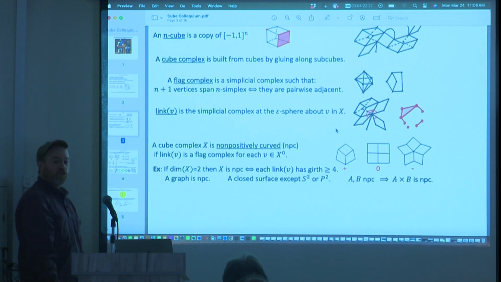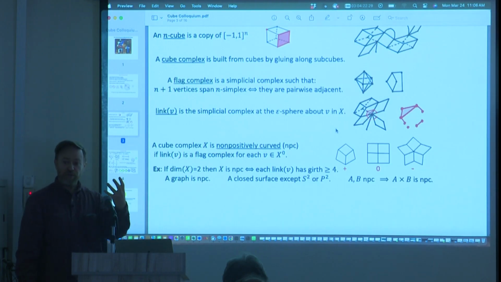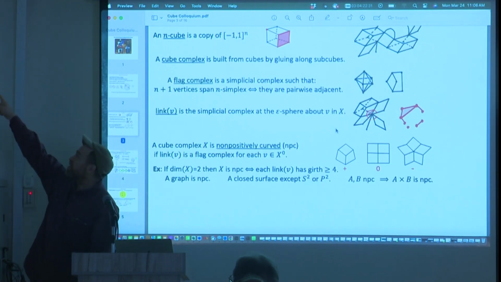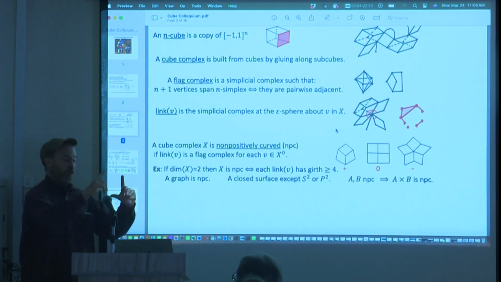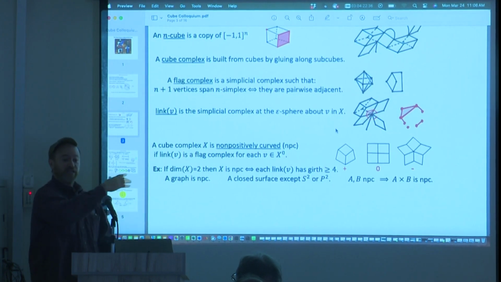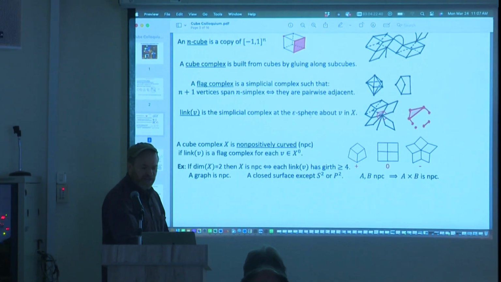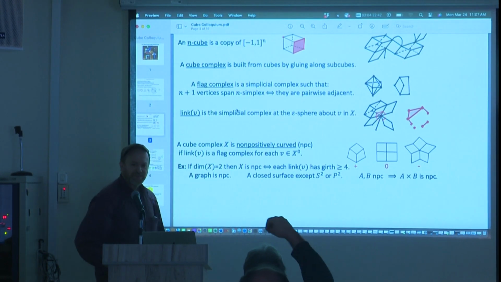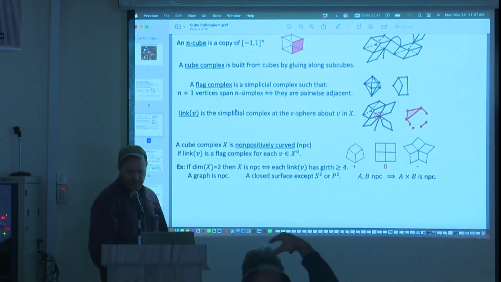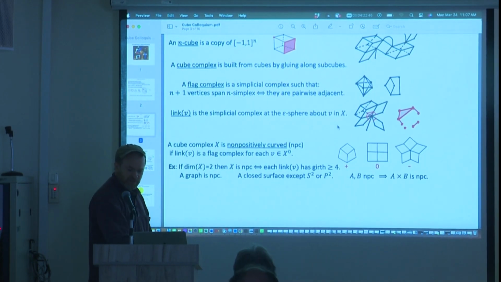And if you're looking into a 3 cube, imagine your eye is at the corner right over there, and you're looking into the 3 cube. What you see is a 2 simplex of directions, right? So the link. Here, the original complex is a cube complex, and what you obtain is a simplicial complex in general. Exactly.